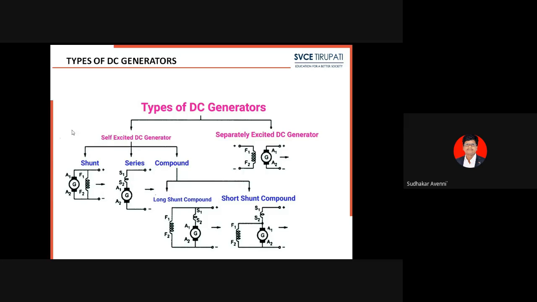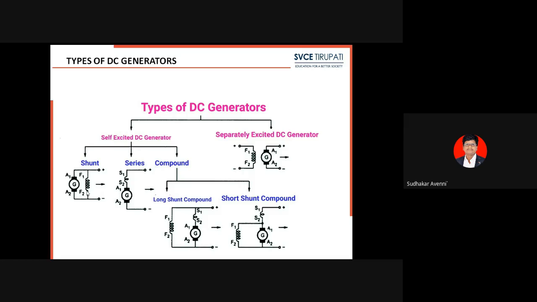See here, for example, in this generator, because of residual magnetism, a small voltage will be produced across the armature terminals. Because of the shunt field winding, this small residual voltage has a closed path, such that this small voltage drives current through the shunt field winding.